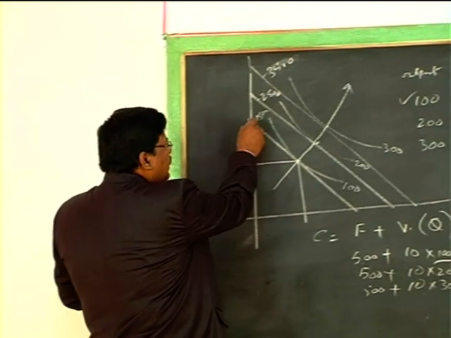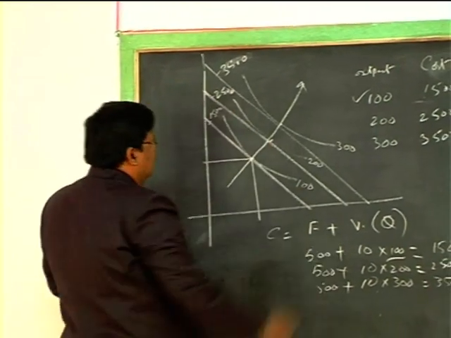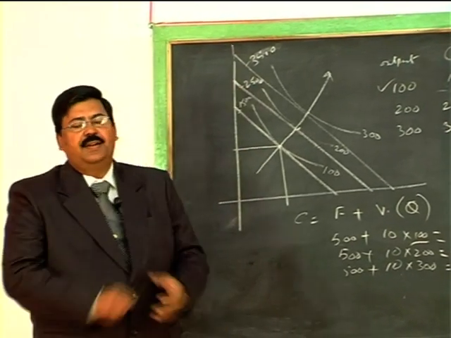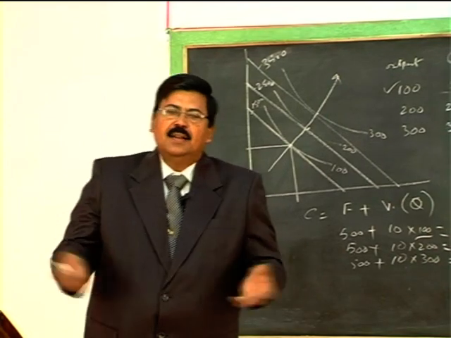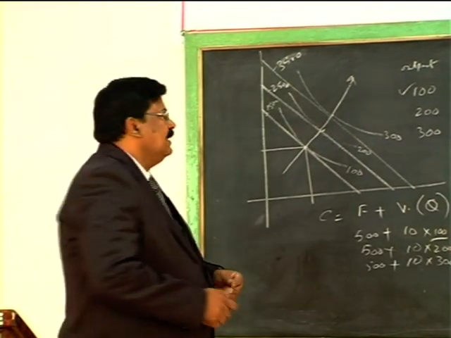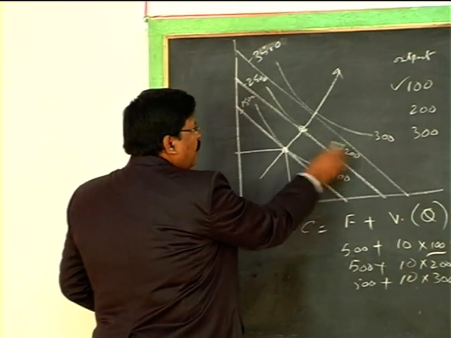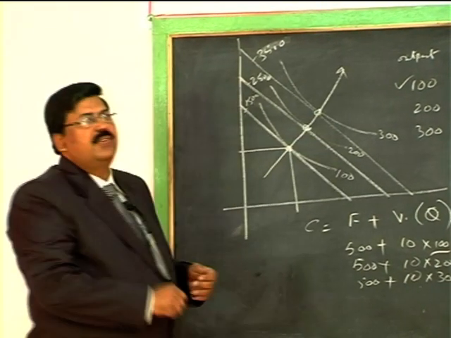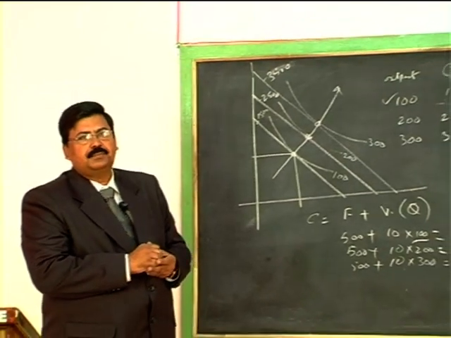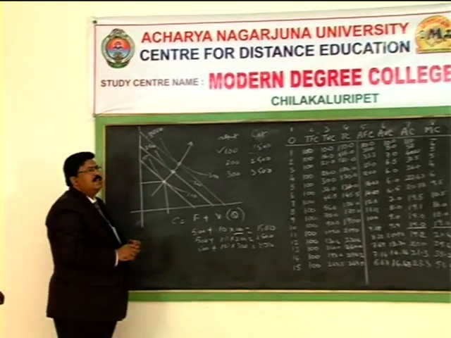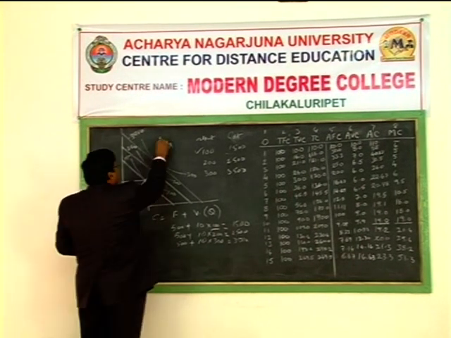And we have also seen these are the isocost curves: isocost for 1500, 2500 and 3500. And in the earlier session, we have seen the point of tangency indicates equilibrium. Here, this is the equilibrium point for 200, and this is the equilibrium point for 300 units of output. And if you connect these successive equilibrium points, this is called the expansion path.